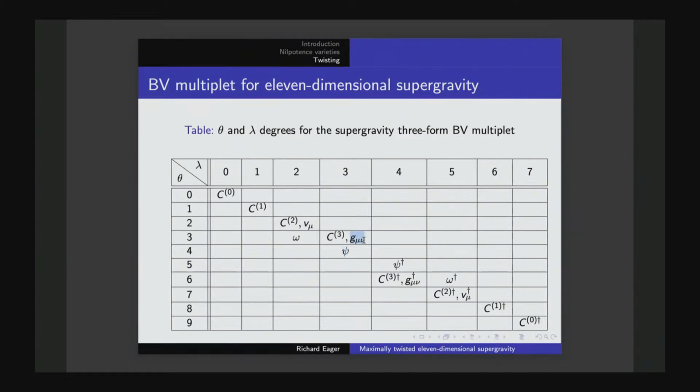The graviton has a vector ghost. The Rarita-Schwinger field has a spinor ghost. And then the 3-form has a system of ghosts for ghosts, including a 2-form ghost, and then a 1-form ghost for ghost, and then a scalar, which is a ghost for ghost for ghost.